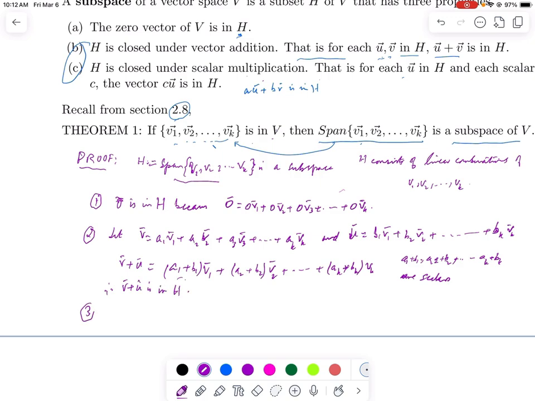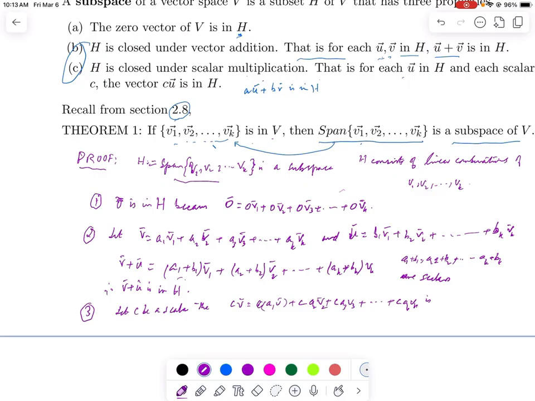In the same way, you should be able to see that if c is a constant, then cv will be equal to c a1 v1 plus c a2 v2 plus c a3 v3 plus dot dot dot plus c ak vk.